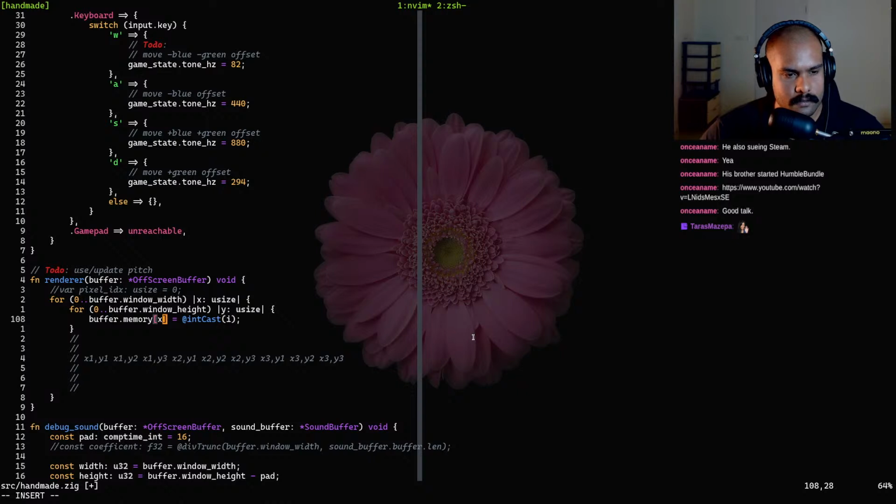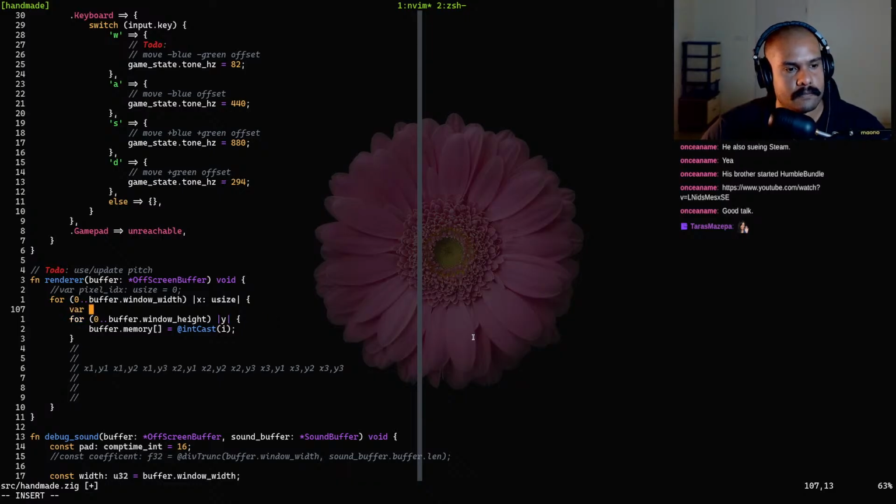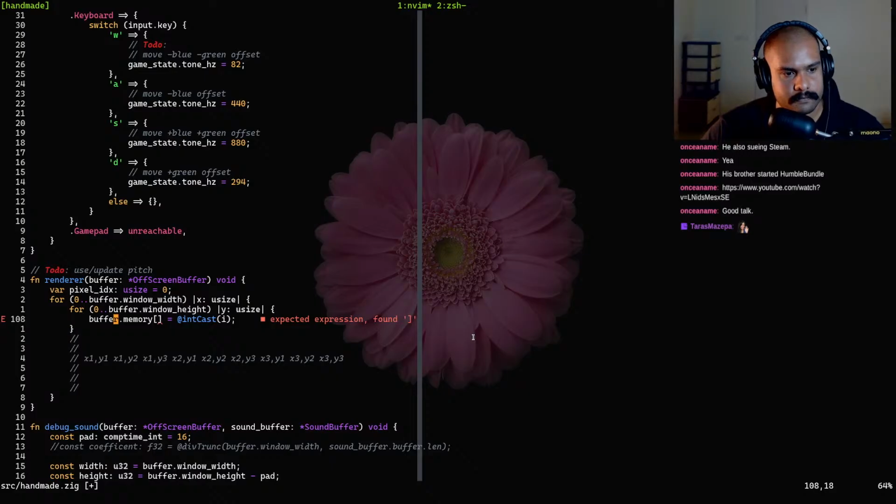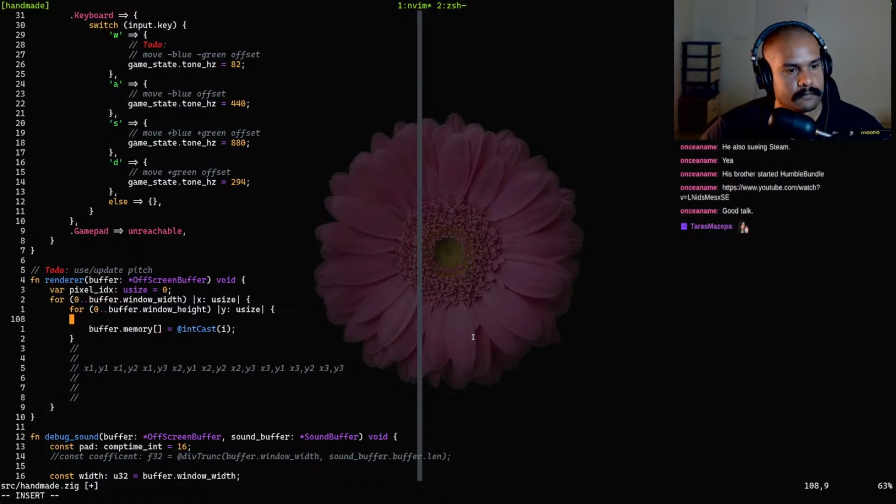This would be x times the window. So index equals, index equals, plus y.